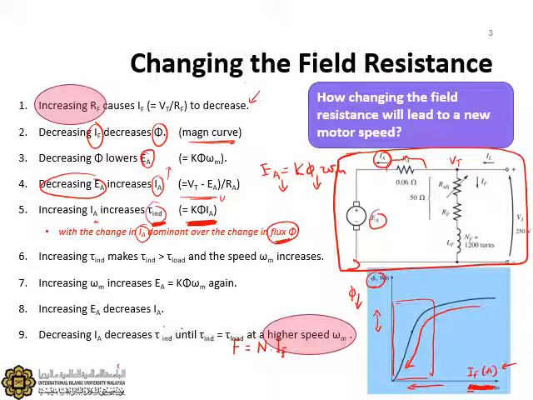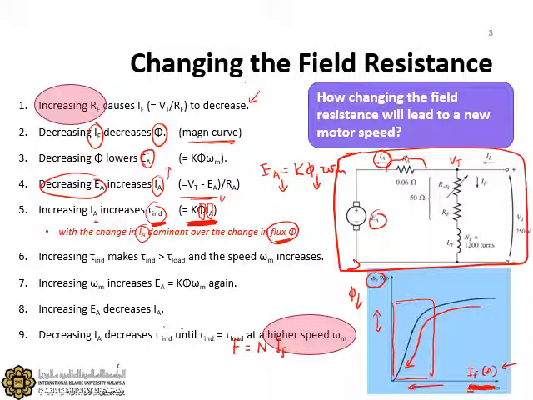However, let me rephrase that. We've got the change in IA, the armature current, more dominant over the change in the flux phi, referring to these two variables here, because the induced torque equals K phi IA. The IA is increased.